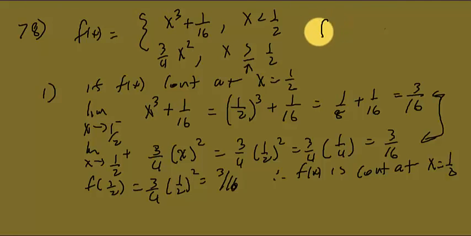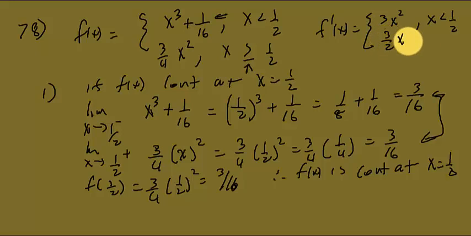My f prime of x is, when I take the derivative of the top one, the first one, I'm going to get 3x squared, and that's when x is less than 1/2. And then when I take the derivative of the bottom one, I'm going to get 6/4 x, or 3/2 x, and that is when x is greater than or equal to 1/2. I have to play the same game again.